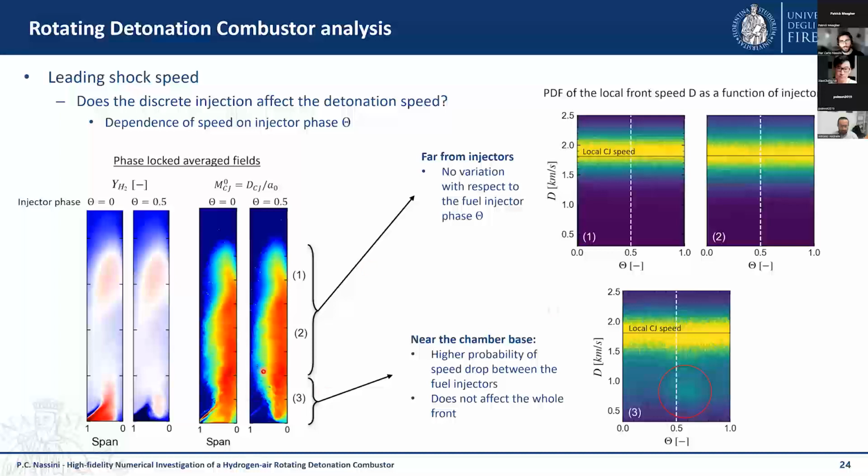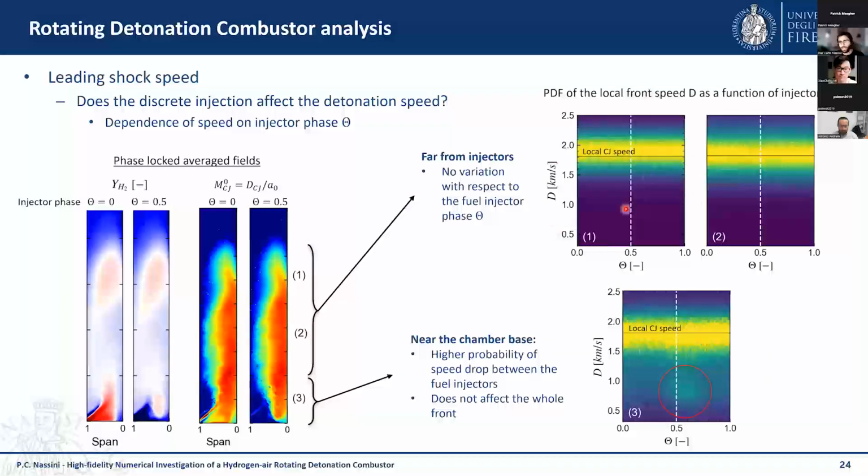So what we did is to calculate the two-dimensional probability density function as a function of the injector phase, sorry. And we did this in different zones. So we have this map, which is at the bottom of the combustion chamber, and these two maps, which are in the top part of the detonation front.